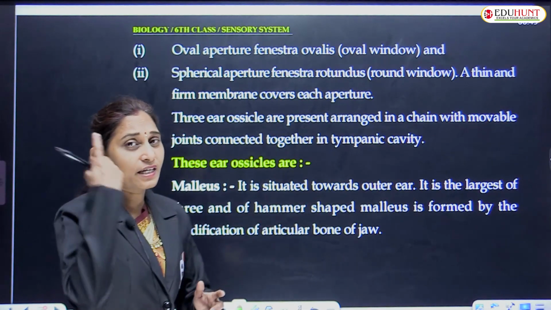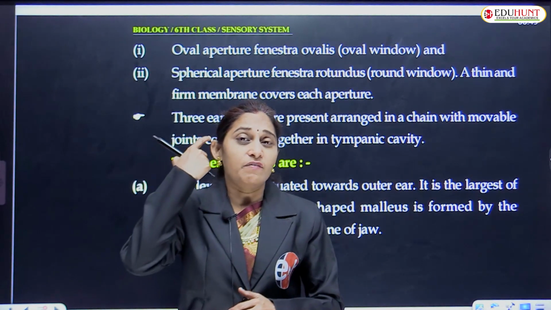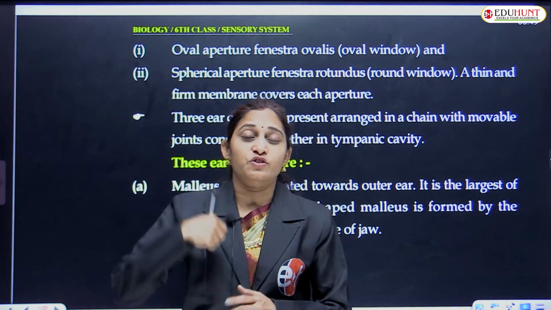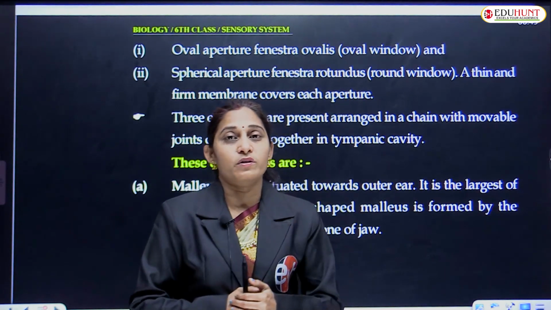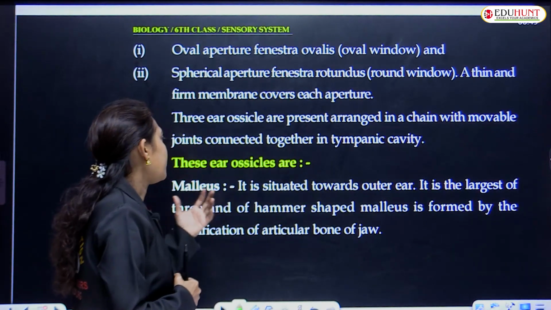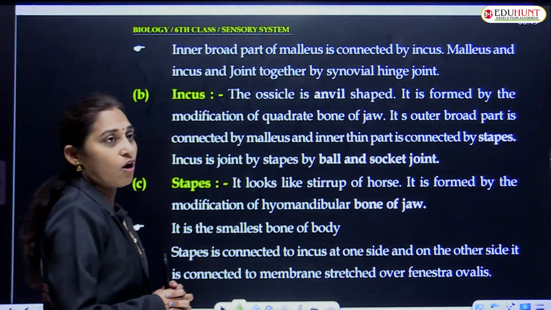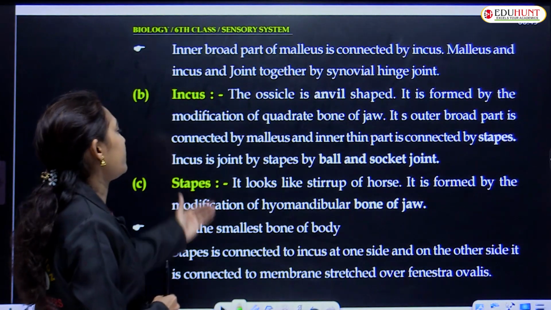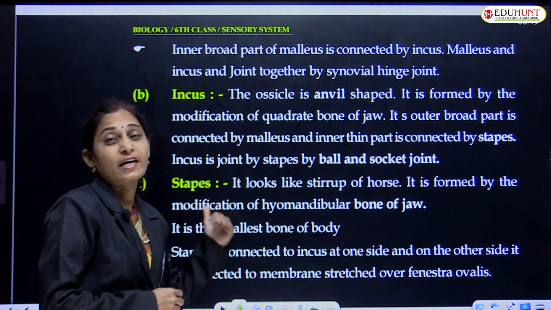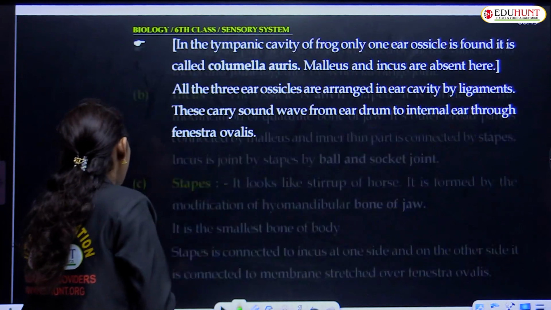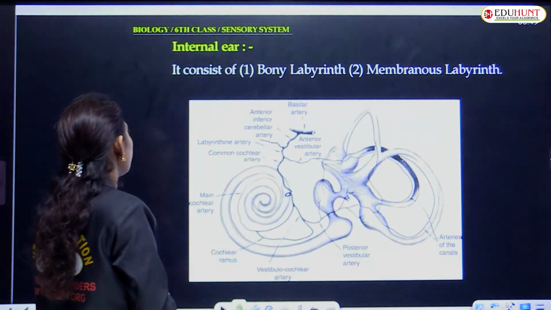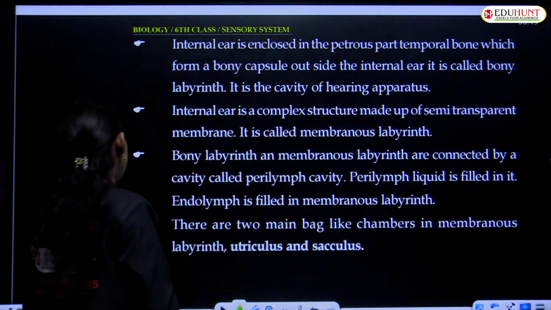We have seen the pinna, which is supported by cartilage, that is soft bone. And then there are three ossicles which I have mentioned: malleus, incus and stapes. And then the internal ear.